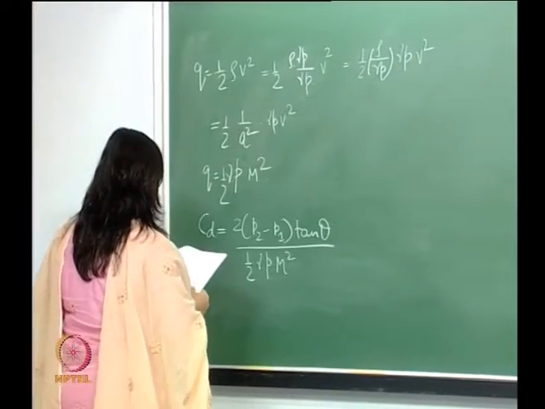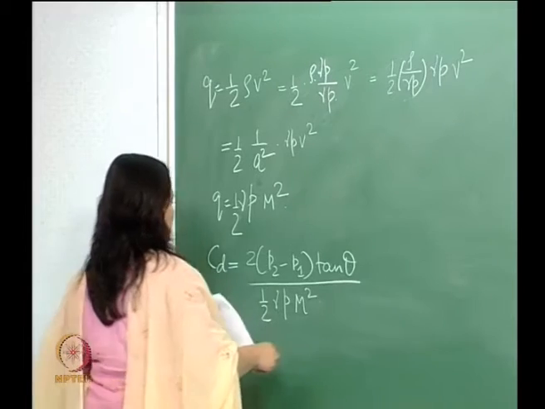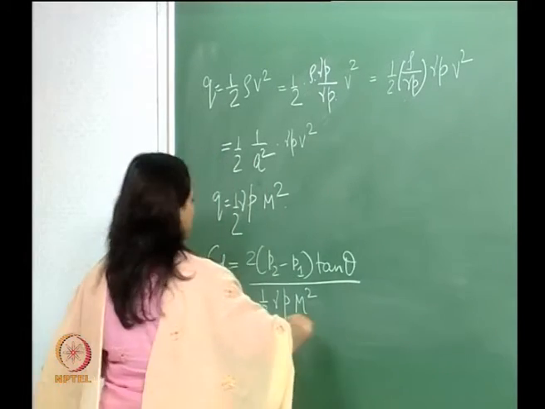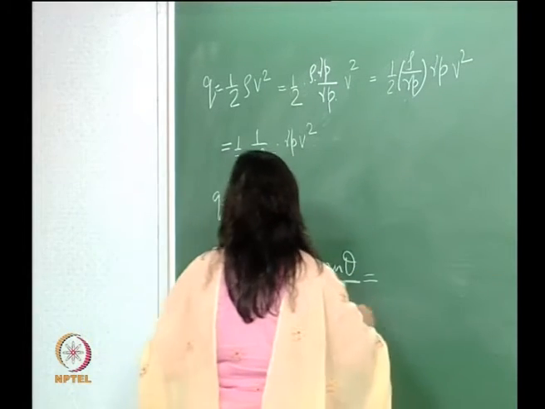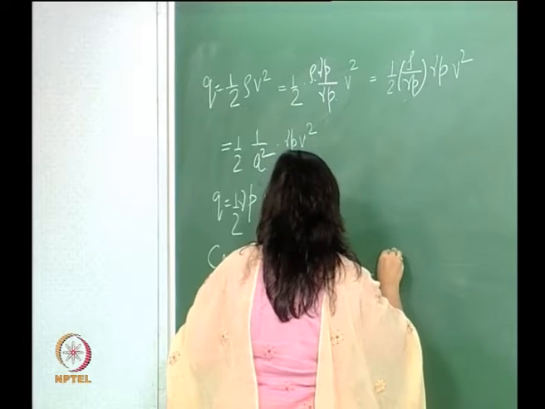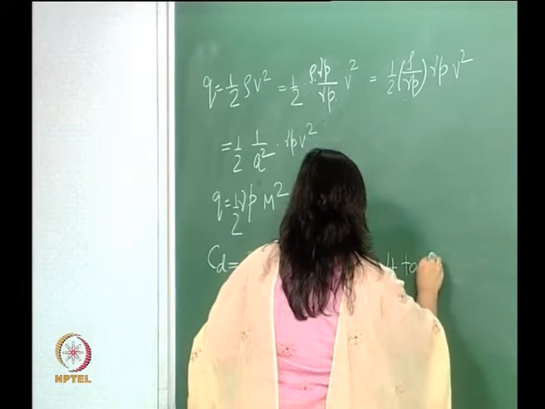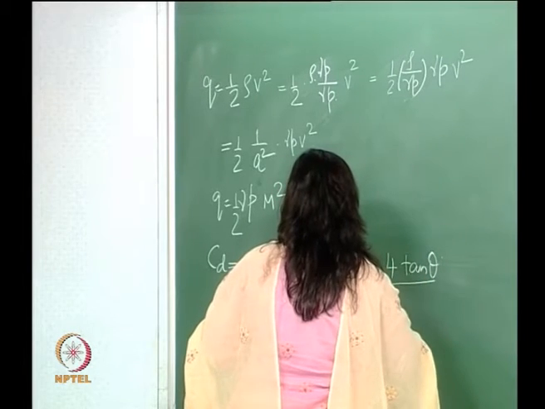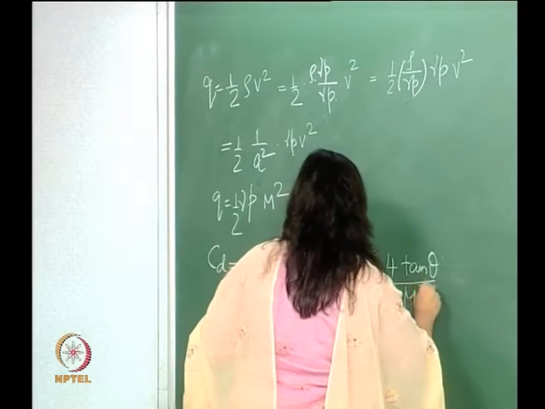If I do that, this comes out to be 4 tan theta, then gamma M square.